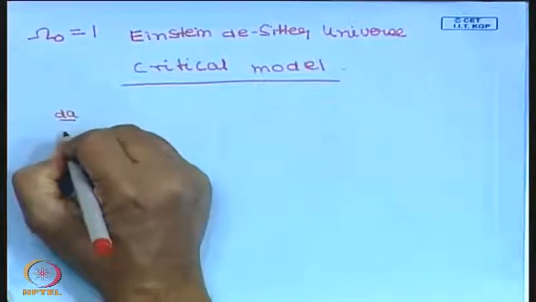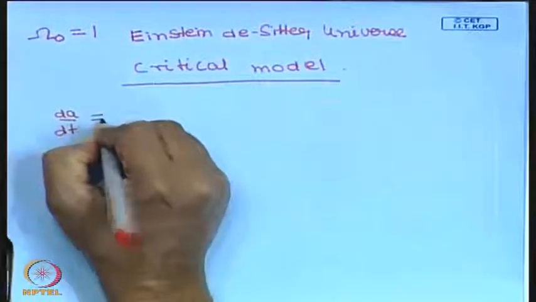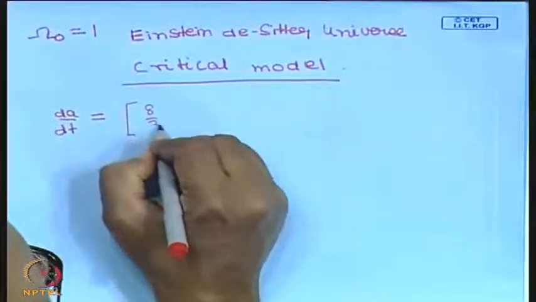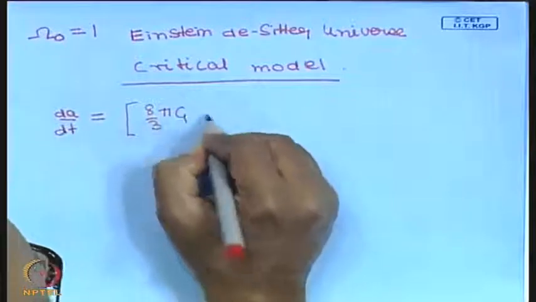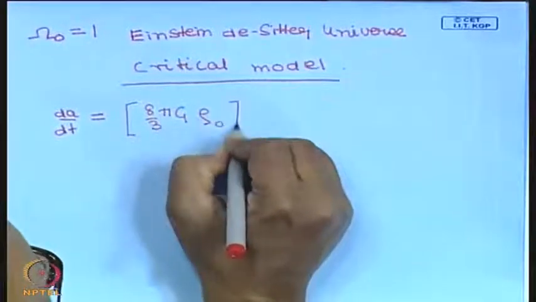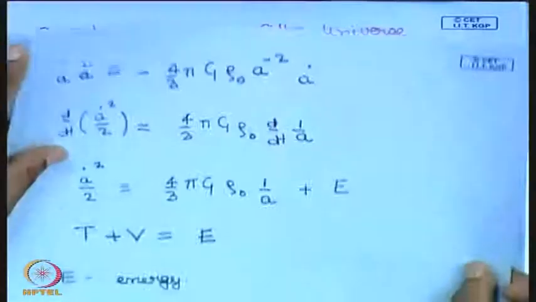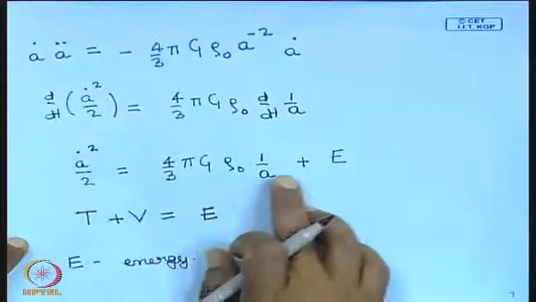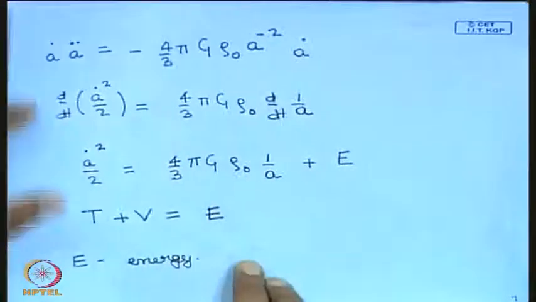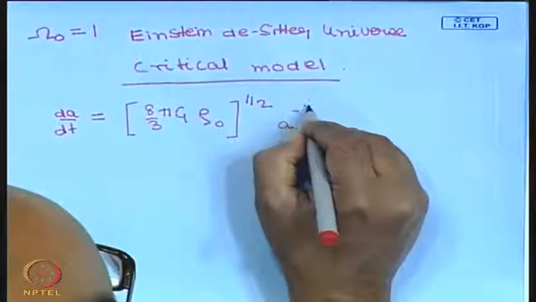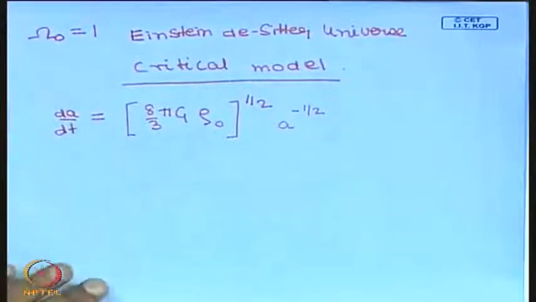dA/dt is equal to (8/3 pi G rho naught) to the power half, and you have a to the power minus half over here. So this is a very simple equation to solve.